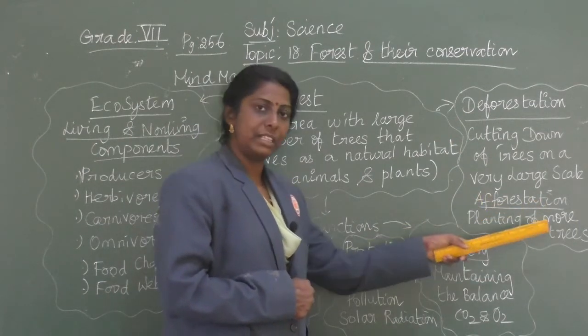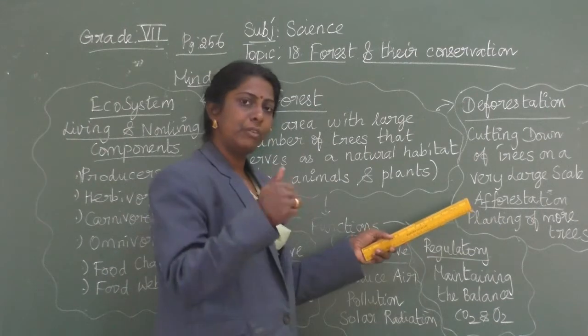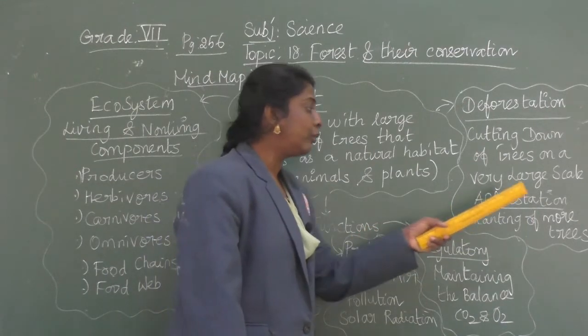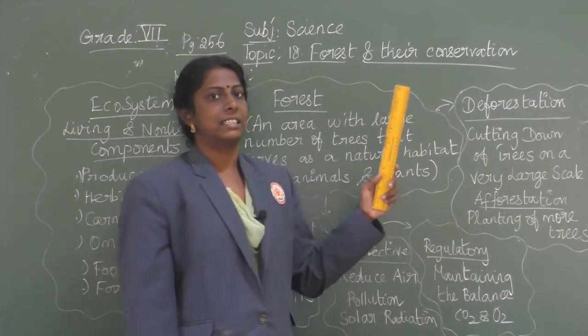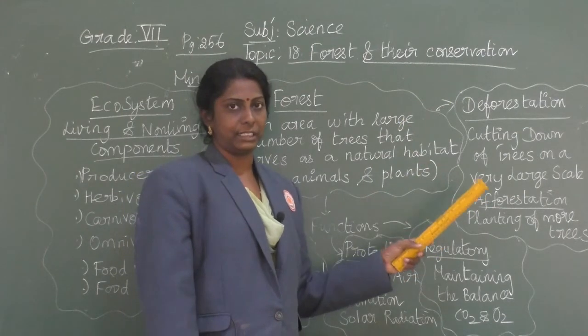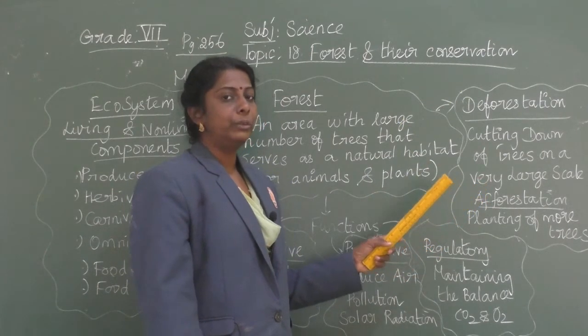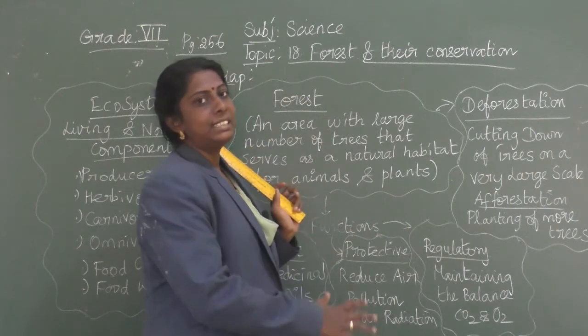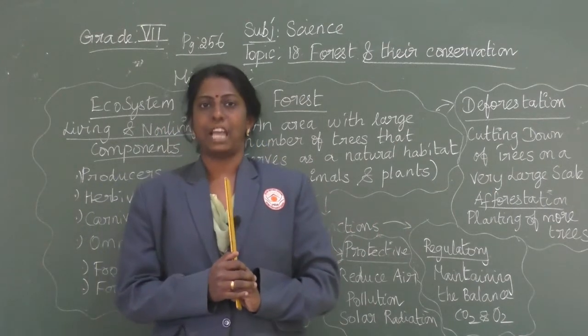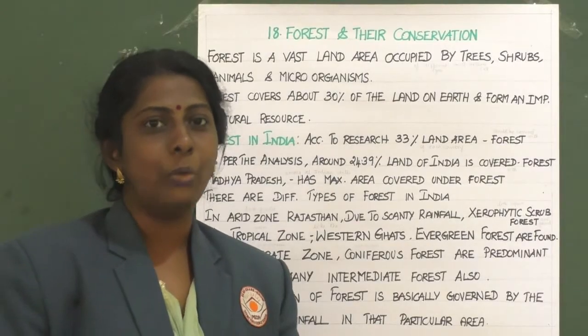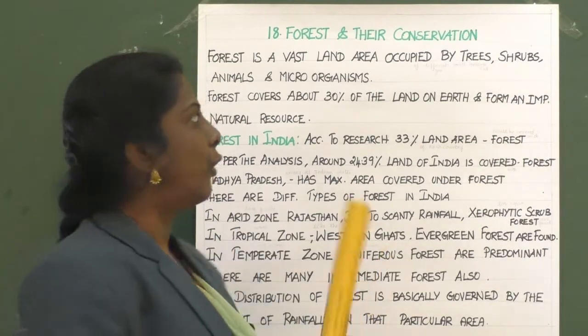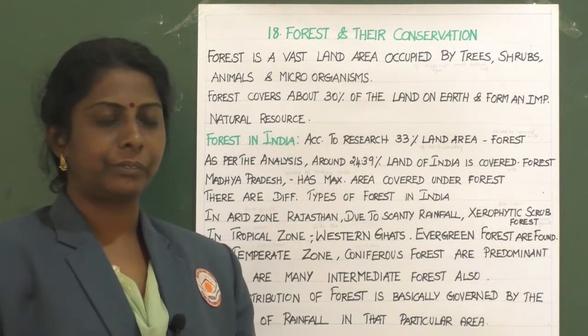What do you mean by afforestation? Planting of more trees is called afforestation. We are going to learn about all these things in detail in this chapter. Children, now let's start the chapter, Forest and their Conservation.